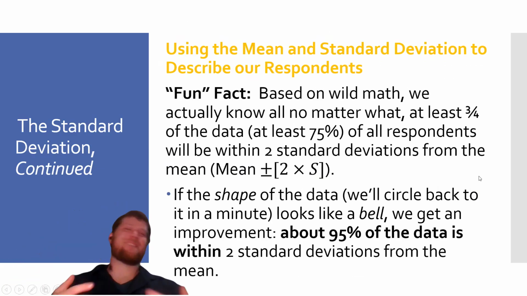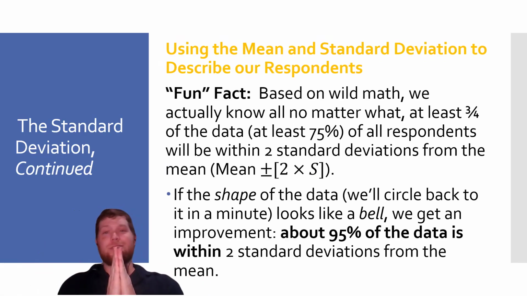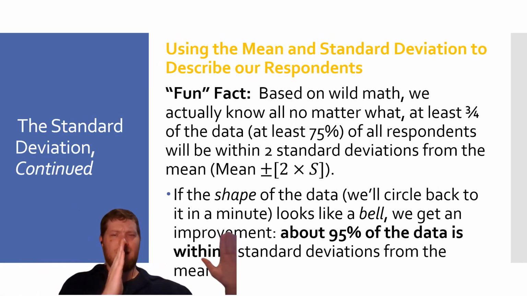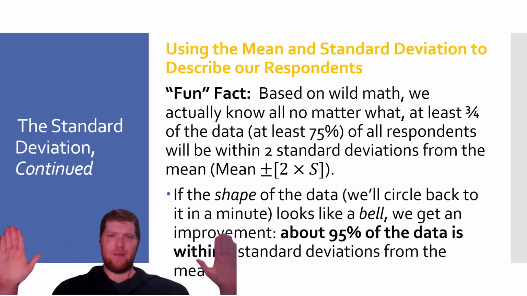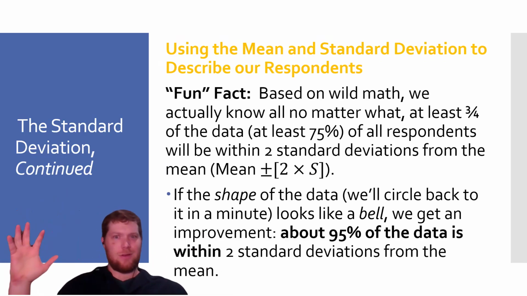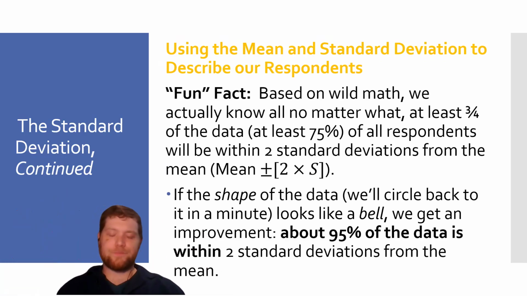Fun fact, fun for me, a big old math nerd, is that one of the reasons why we like describing the mean as well as how spread out it is, is that I could add one standard deviation, two standard deviations, and subtract one standard deviation, two standard deviations, and at least 75% of the data has to be within this range of all of our values.